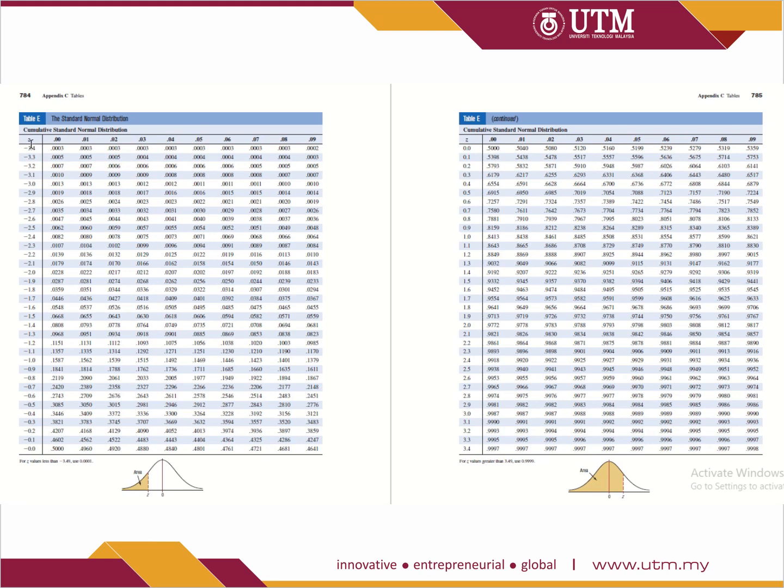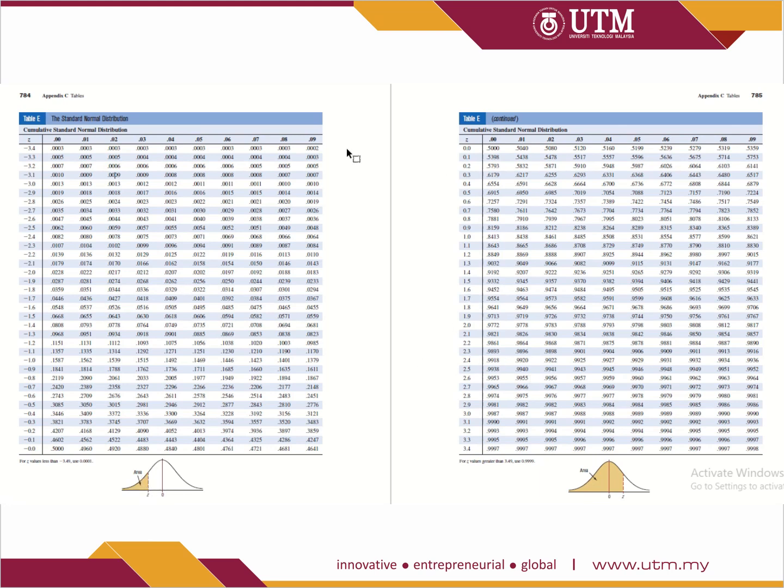So if you notice on the first page, all the values of Z are negative, meaning that these values are all on the left side of the mean equal to 0. The bell shape is on the left only.